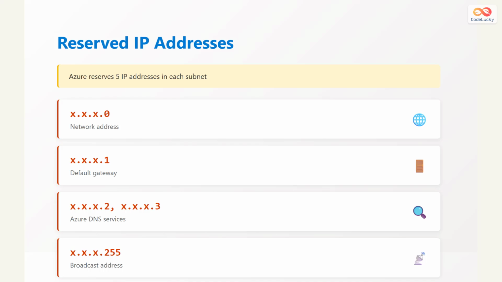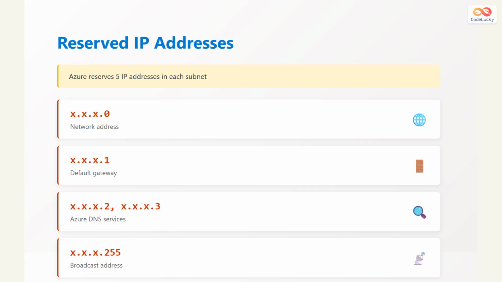Azure reserves 5 IP addresses in each subnet that cannot be assigned to resources. Understanding these reserved addresses is important for capacity planning. The first address, ending in .0, is the network address that identifies the subnet itself. The second address, ending in .1, is reserved for the default gateway that routes traffic out of the subnet.